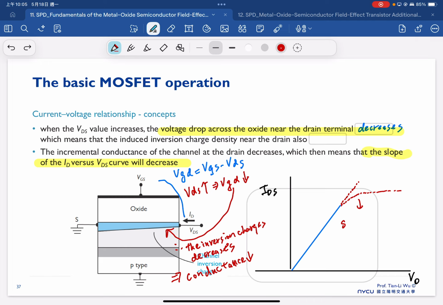The conductance decrease means the slope decrease. So we foresee a slower increase of ID when increasing VDS.